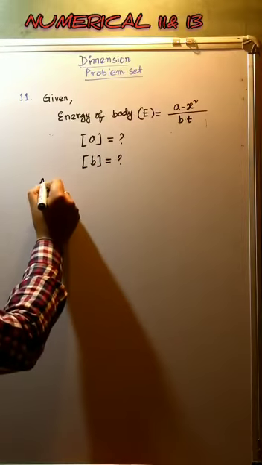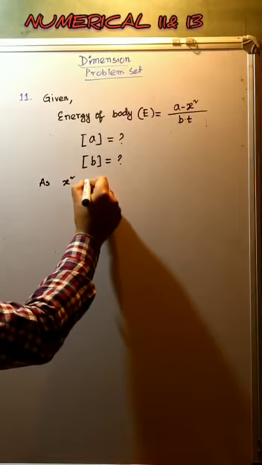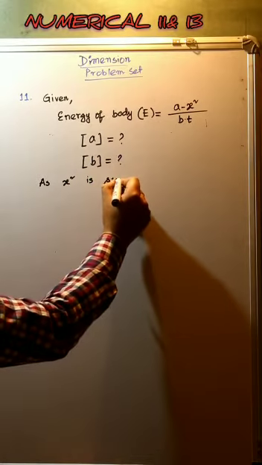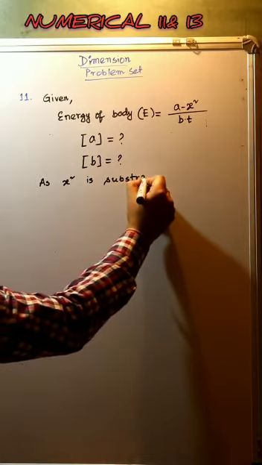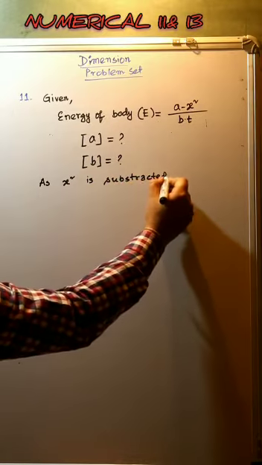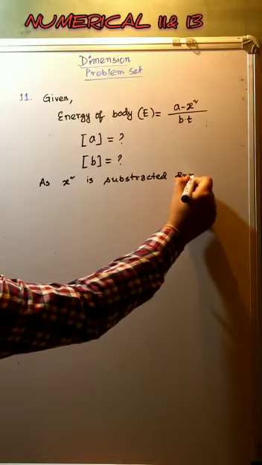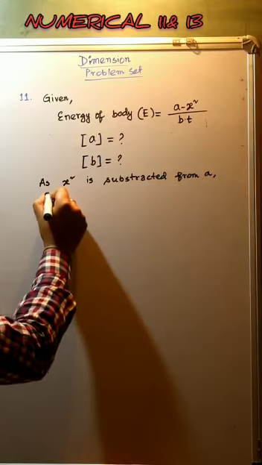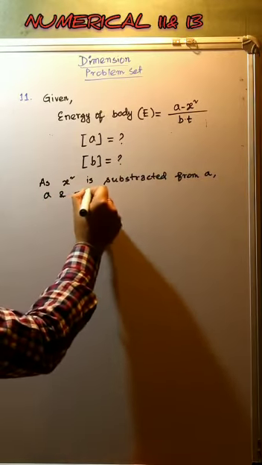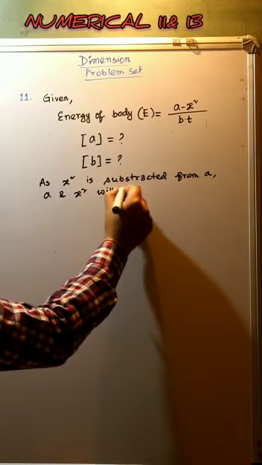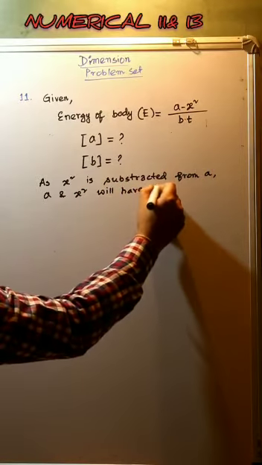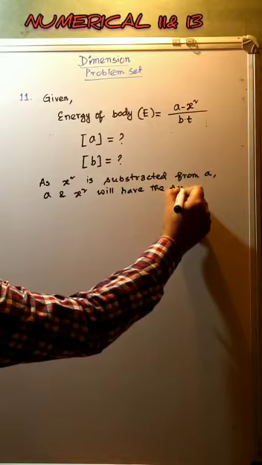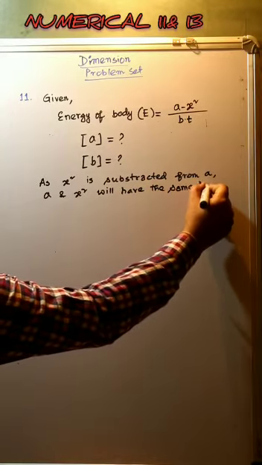So here what we can write, as x square is subtracted from A, we can say that A and x square will have the same dimensions.